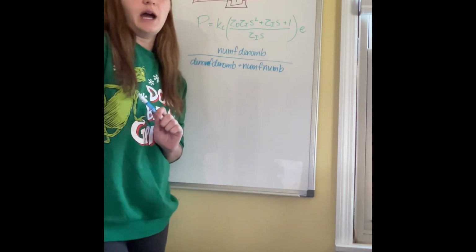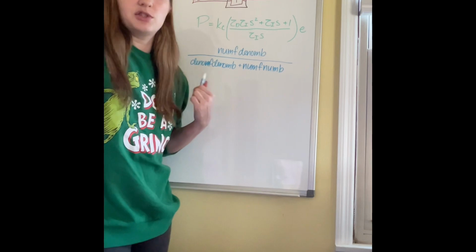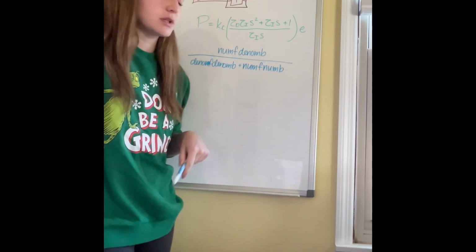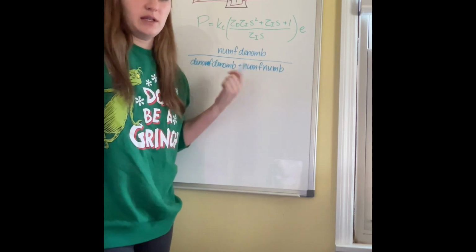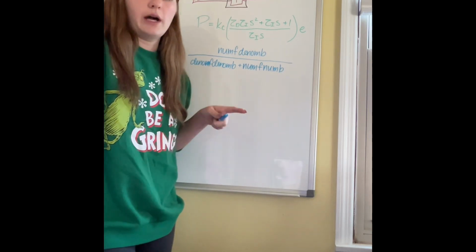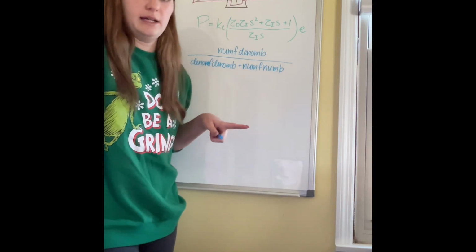If you would like to see how I calculated any of this, please check out the last video that I posted in this playlist right before this one. It explains in depth how each one of these was calculated.